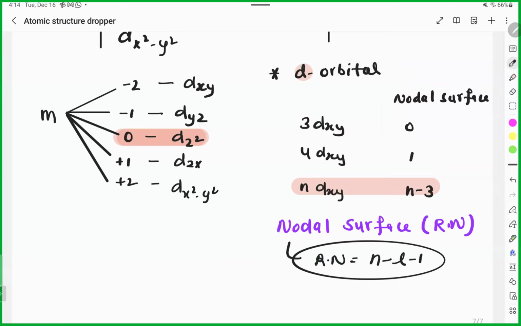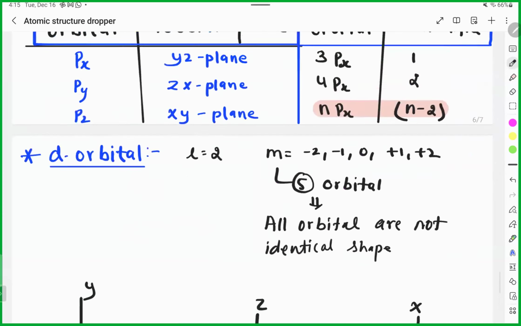Because in case of d, l value is 2, that's why it is different. But you can calculate, for example 3d. If you take 3d, n value is 3, l value is 2, and this 1, it will be 0. Logically, makes sense? So no need to remember this, but always focus on these things.